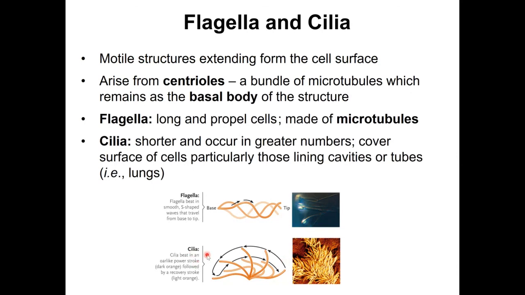For example, your lung cells have cilia, which are used to move the mucus in one direction, towards the exit, the upper part of your respiratory pathway.